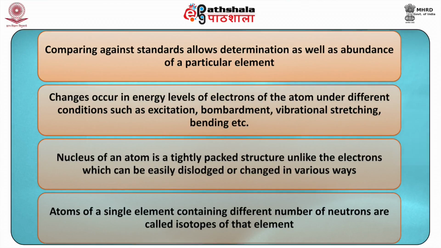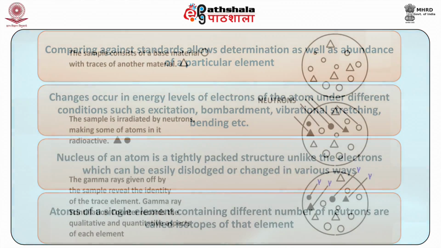Atoms of a single element containing different numbers of neutrons are called isotopes of that element. Every element has a number of isotopes and for the most part they are stable. However, when the neutron imbalance becomes too great, the nucleus becomes unstable and the element becomes radioactive.